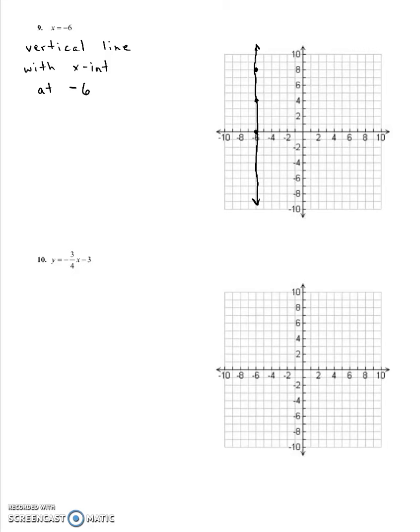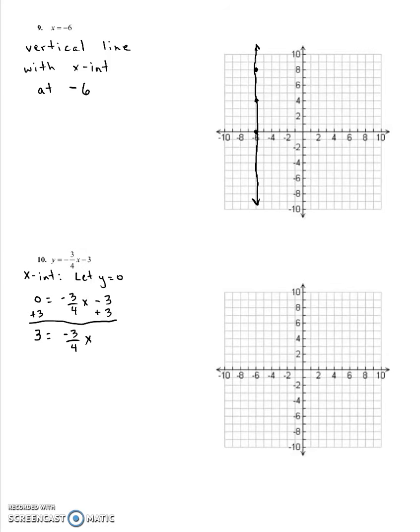Okay, this last one. Let's see. For the x-intercept, we let y be 0. So 0 equals negative 3/4 x minus 3. Add 3 to both sides of the equation, and we have 3 equals negative 3/4 x. Now remember, to solve this, we're going to multiply by the reciprocal.